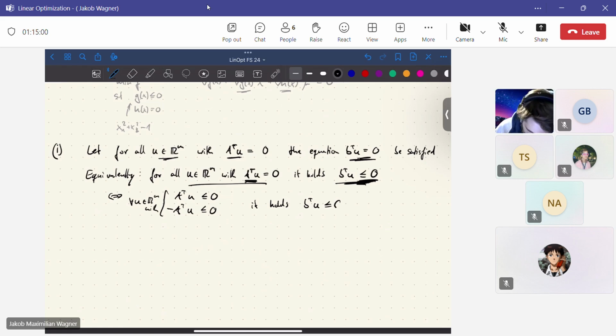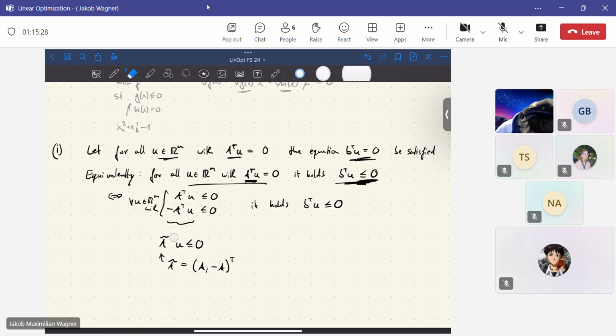And we can collect this into one big matrix now. So there we have that A tilde transpose u is lesser or equal than 0, where this A tilde matrix is the matrix A and minus A. I think I want here no transpose. b transpose u is lesser or equal than 0.